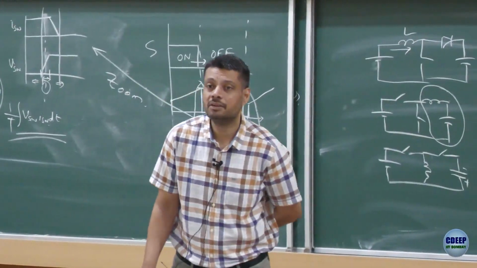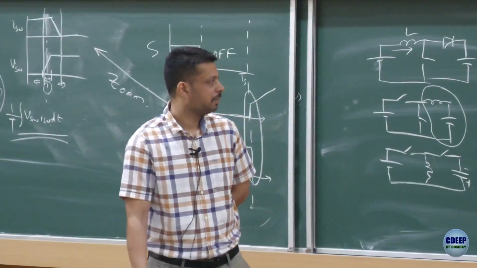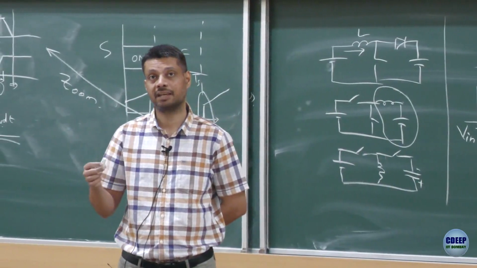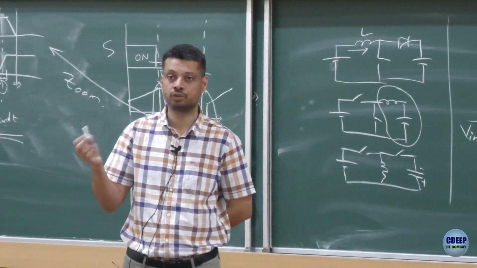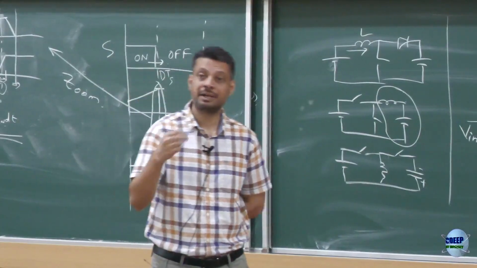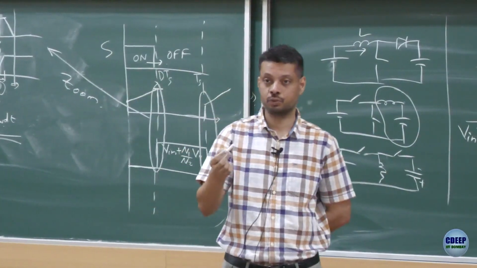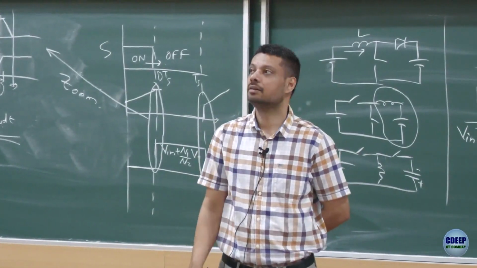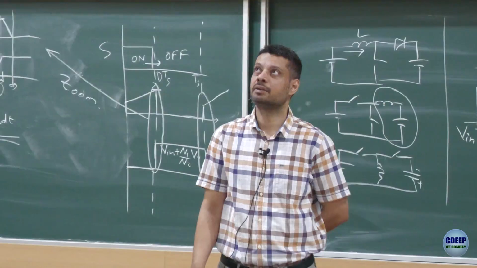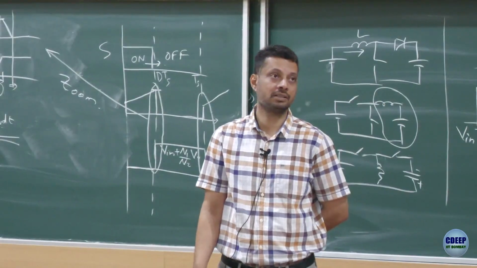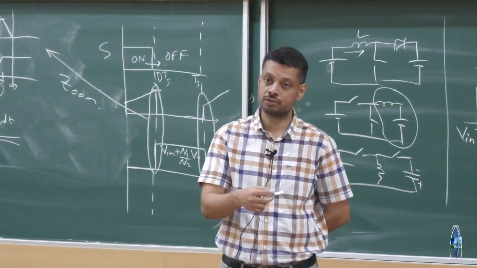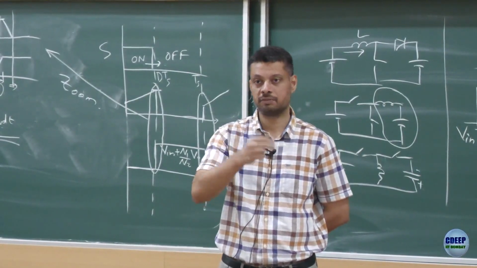Why does it have better efficiency? It sort of goes back to comparing a boost with a buck boost for the same output power: you would get a better efficiency with a boost than a buck boost. I will give you an example. Let us say I want you to create 400 volt output from a 350 volt supply. If you use a regular boost, you have to boost only 50 volt, 350 to 400.